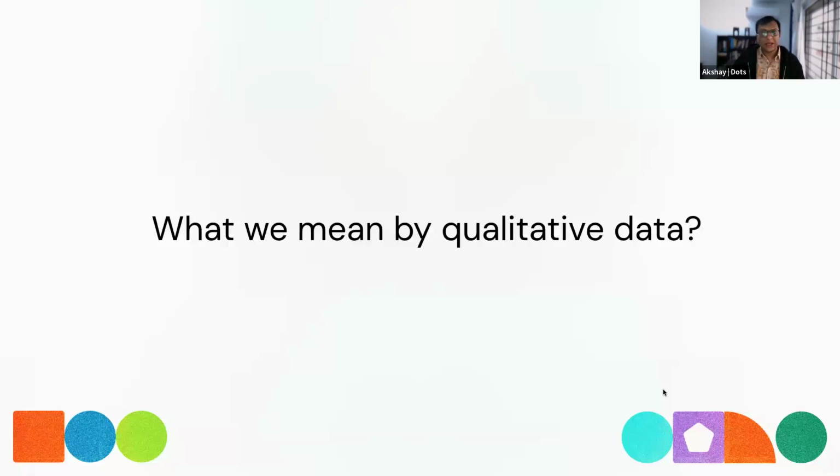So I think the question here is what we mean by qualitative data. What we've found over the last few years is that when we speak to teams, everybody seems to have a slightly different understanding of qualitative data.